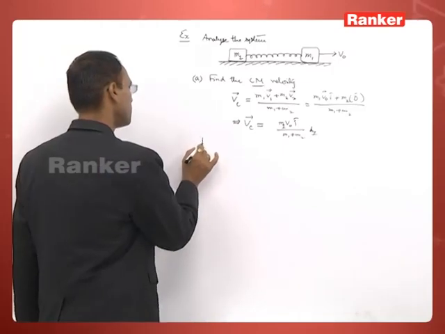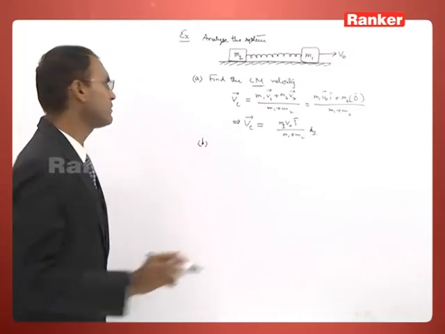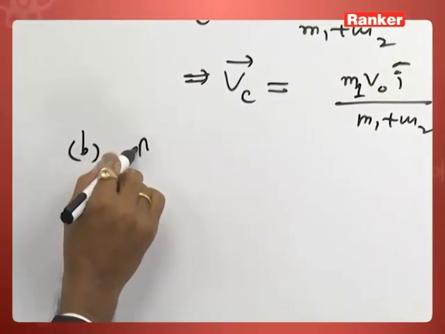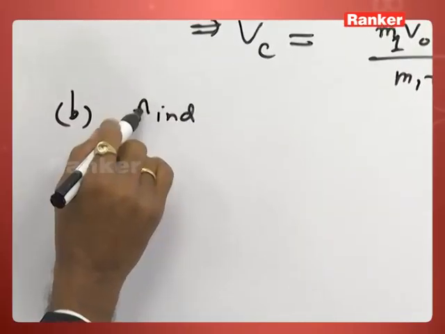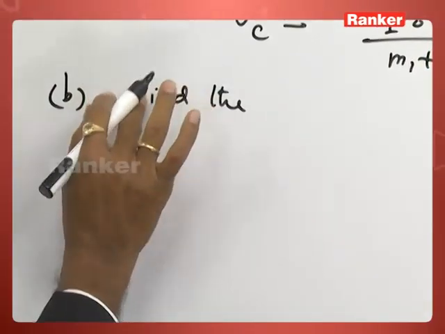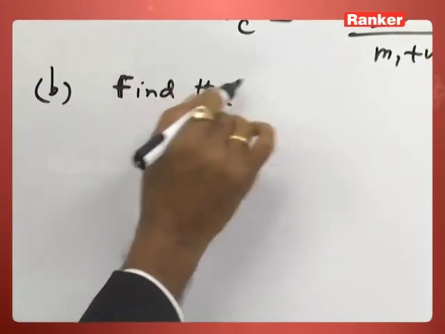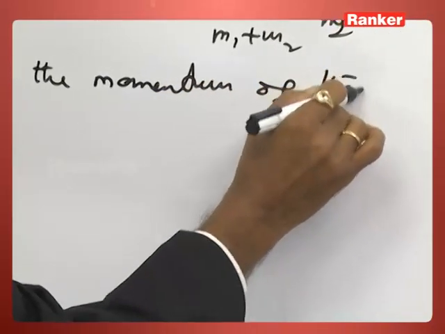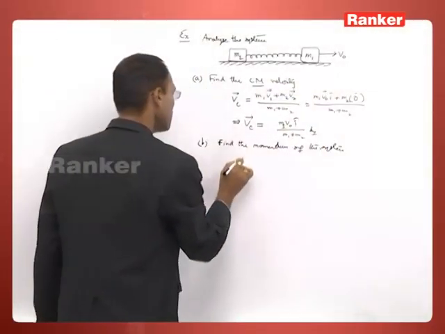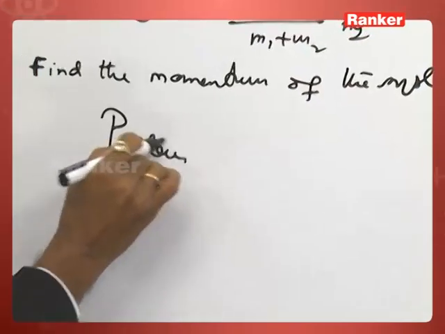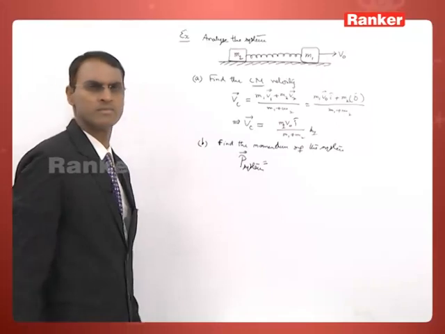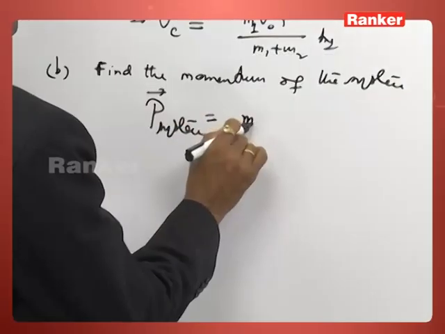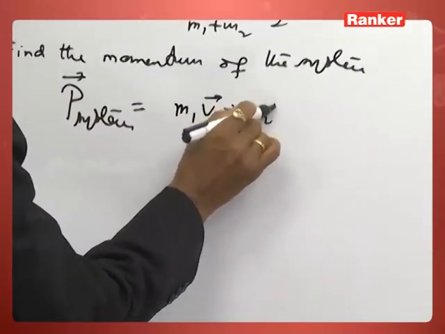The next question: find the total momentum, or momentum of the system. The momentum of the system is equal to the sum of momenta of all particles of the system, that is m1 v1 plus m2 v2.